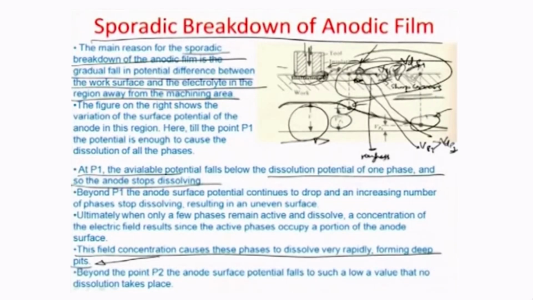Certainly this is something which is highly undesirable for an ECM process, and this can be one of the main mechanisms for introducing surface roughness in an ECM, although the ECM is supposed to be a self leveling and a very smooth operation.